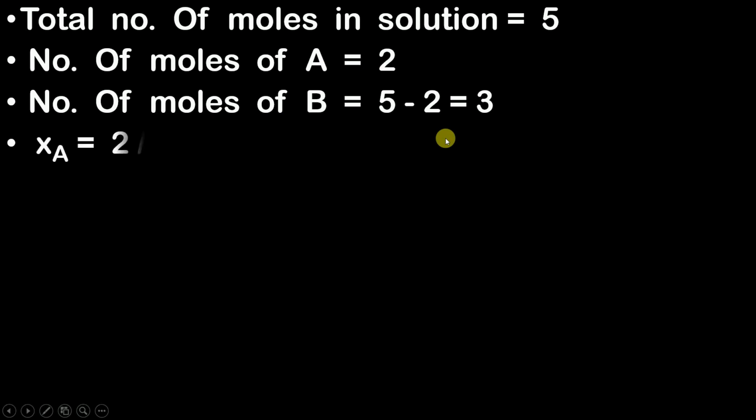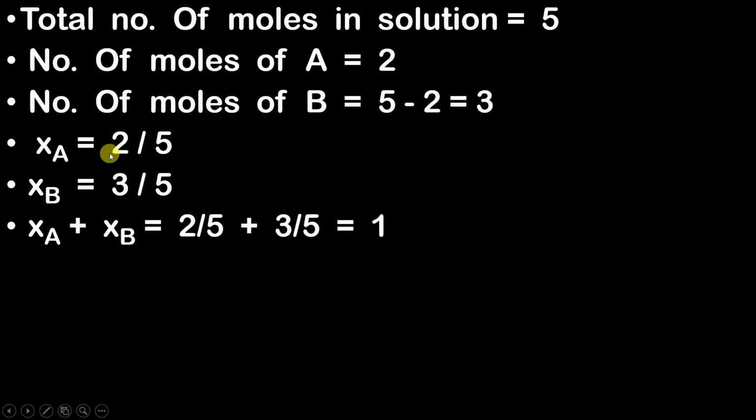Now, what is the formula for the mole fraction of A? Number of moles of A divided by total number of moles. So, 2 divided by 5. Similarly, for the mole fraction of B, what is the formula? Number of moles of B, that is nothing but 3, divided by total number of moles in solution, that is 5.